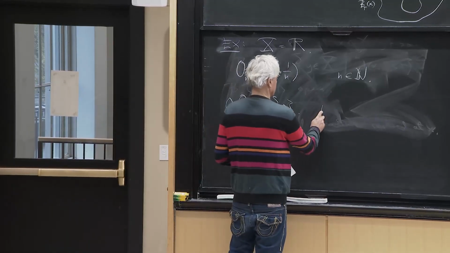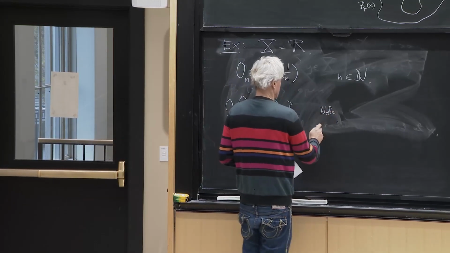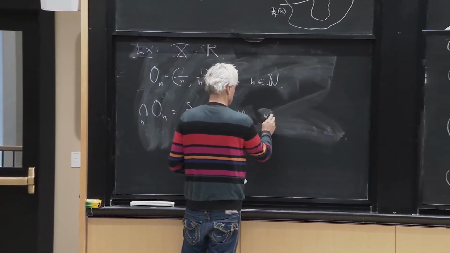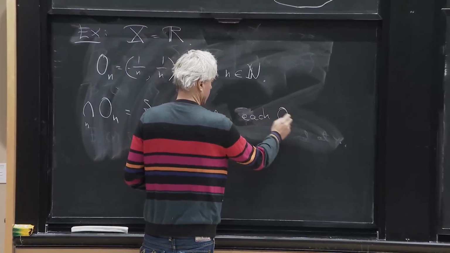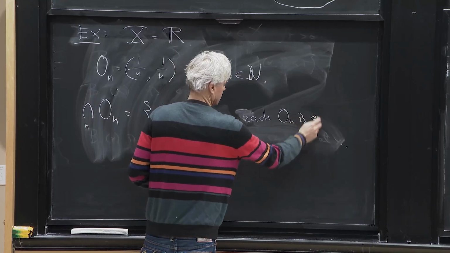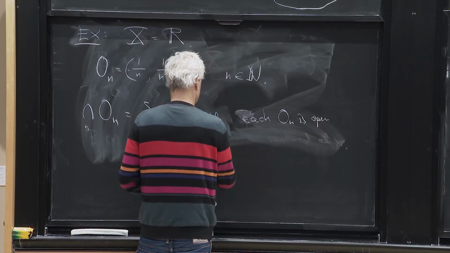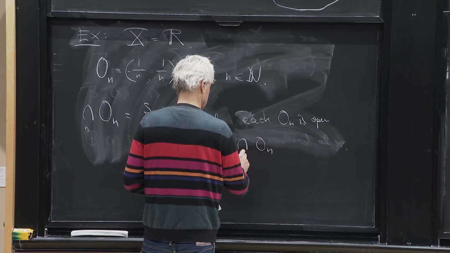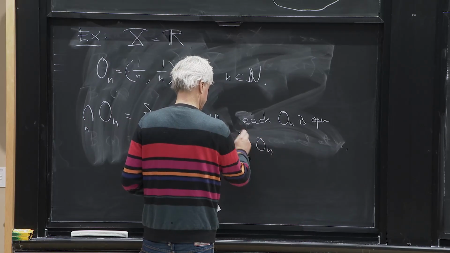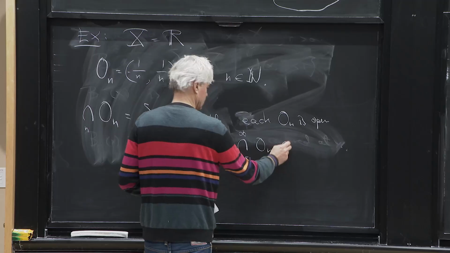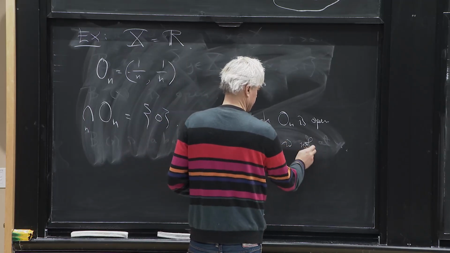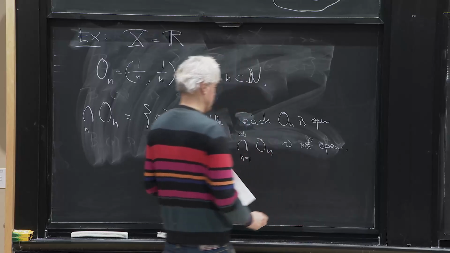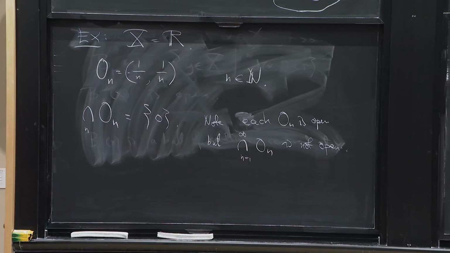So note that in this example, each O_n is open, but the intersection of the O_n is not open. And the problem again is that there are infinitely many O_n.